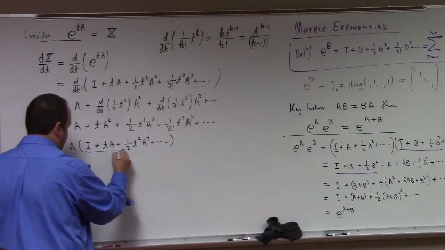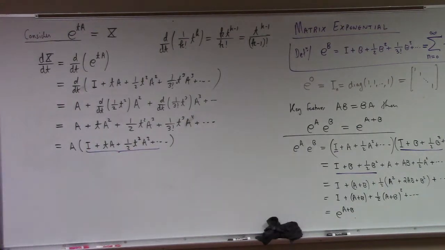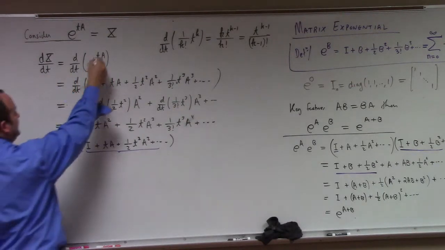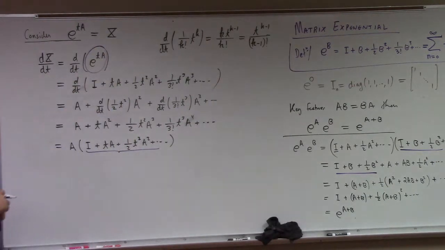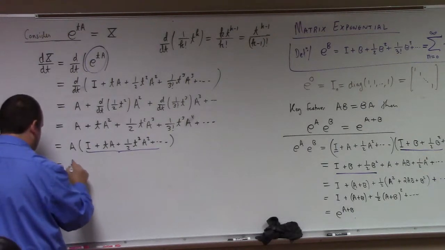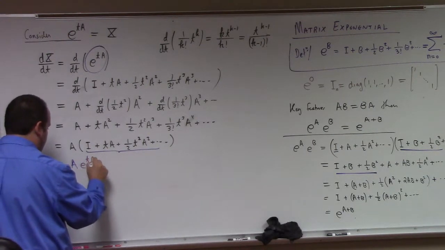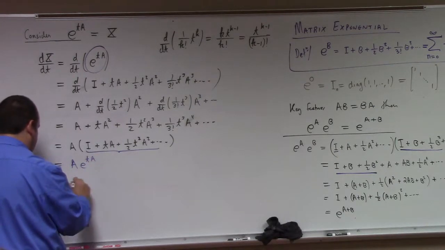It's the matrix exponential, exactly this again, because e to the tA is defined to be I plus tA plus 1/2 (tA) squared plus 1 over 3 factorial (tA) cubed, which is that. So we've got A e to the tA again, and if I go back to my X notation, this is AX.